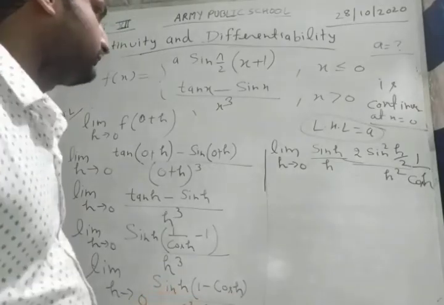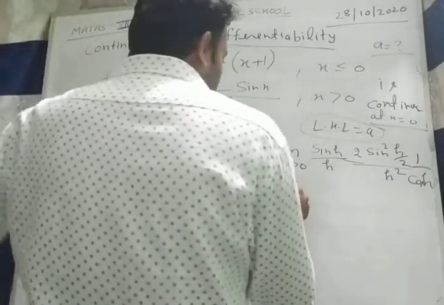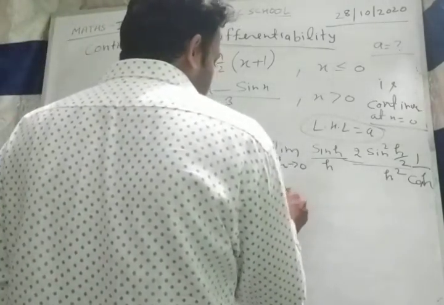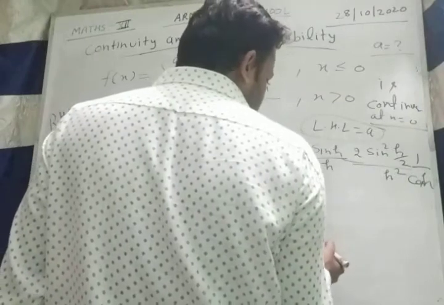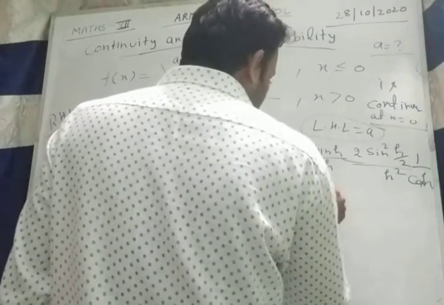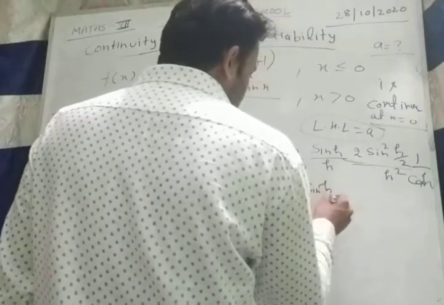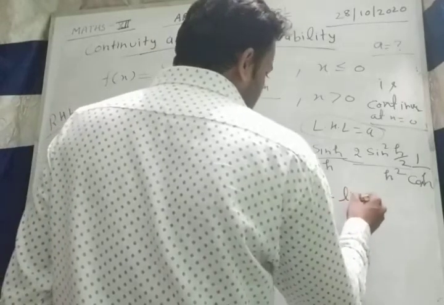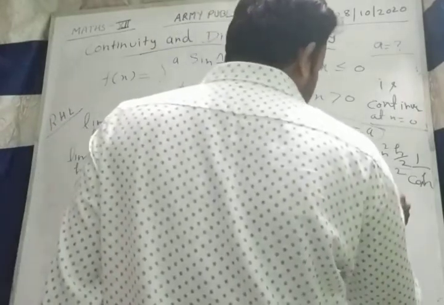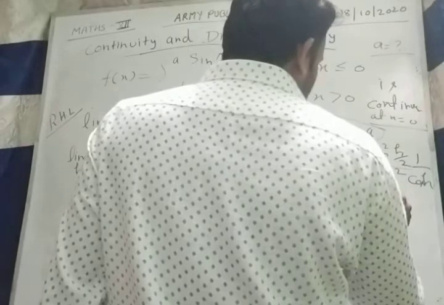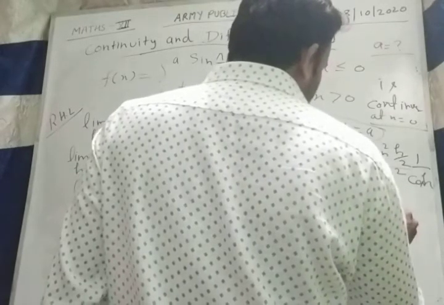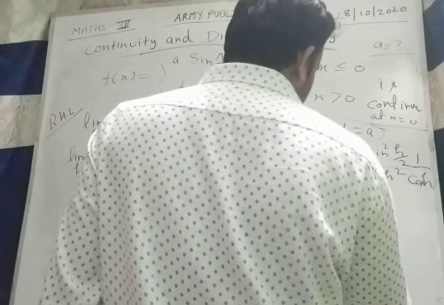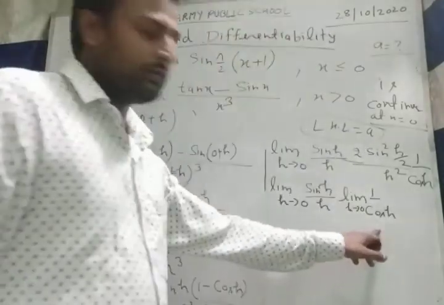Now we take the limit of each of these functions. We get limit of sin h by h, limit of 1 by cos h, h tends to 0.